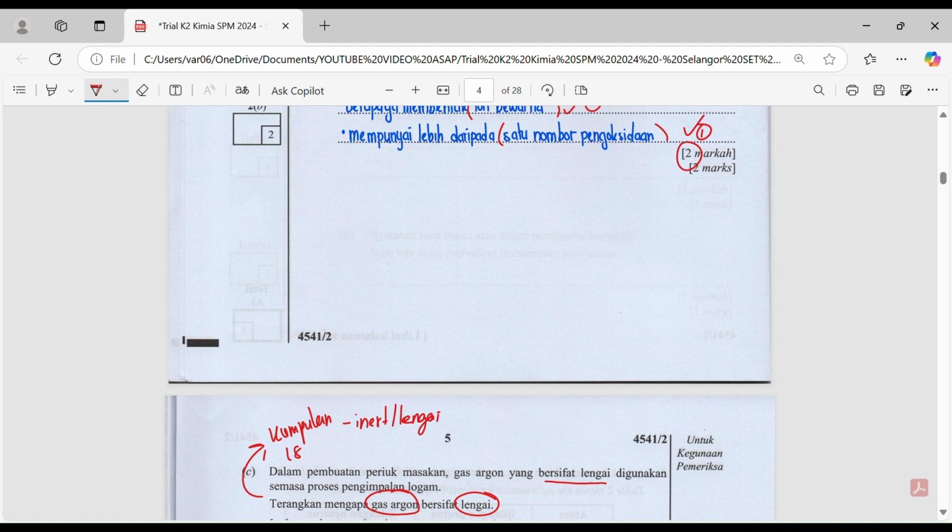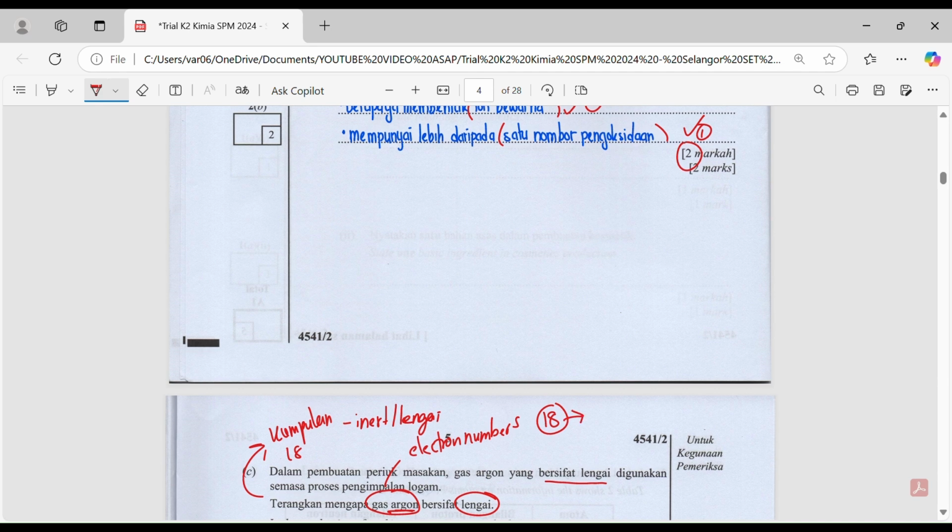So now, sifat kimia sesuatu unsur, sesuatu atom, it depends on its electron numbers, right? So let's look at gas argon's electron numbers. So gas argon has 18 electrons in its atom lah.